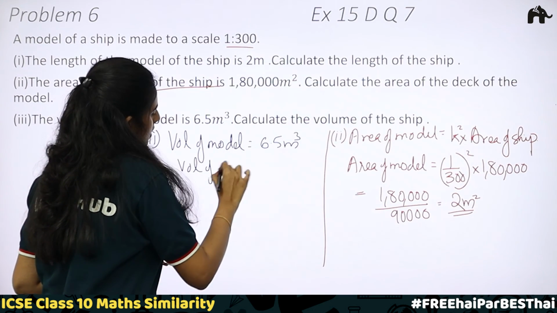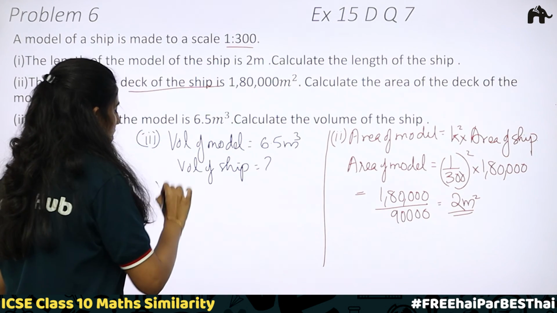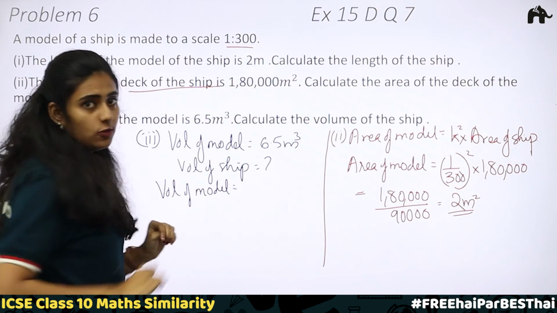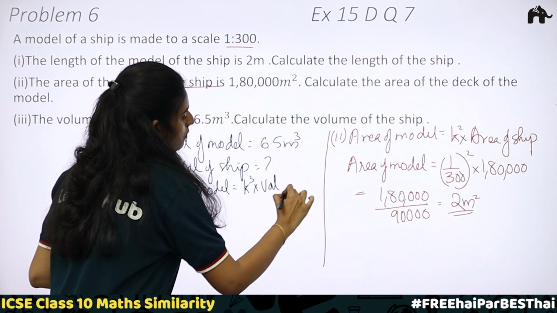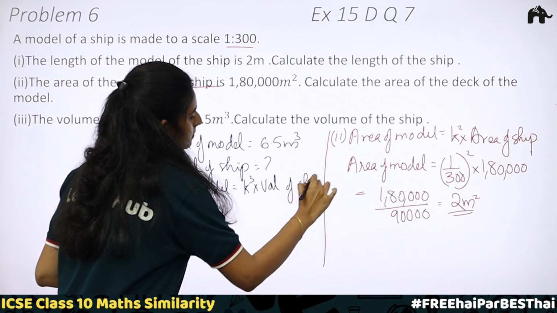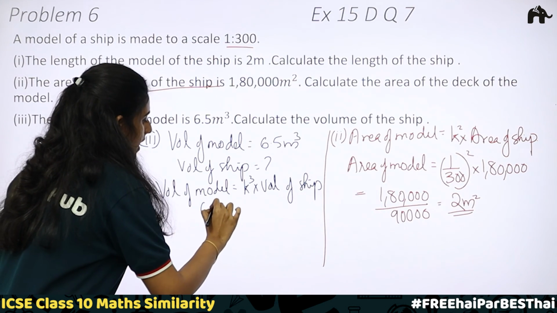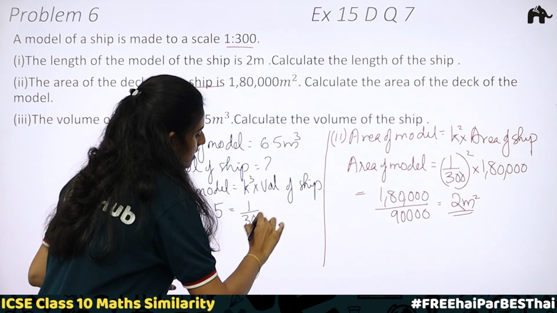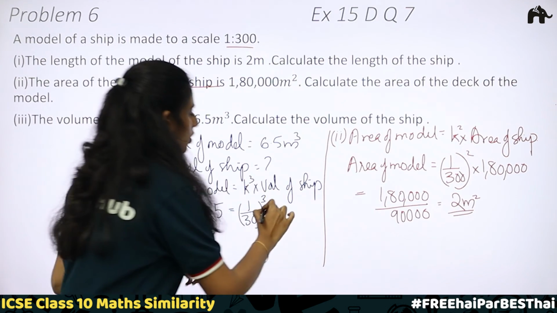We have volume of model is equal to K cube into volume of ship. What is volume of model? Volume of model is 6.5, equal to K cube into volume of ship. K is 1 by 300. Therefore, K cube is 1 by 300 whole cube into volume of ship.